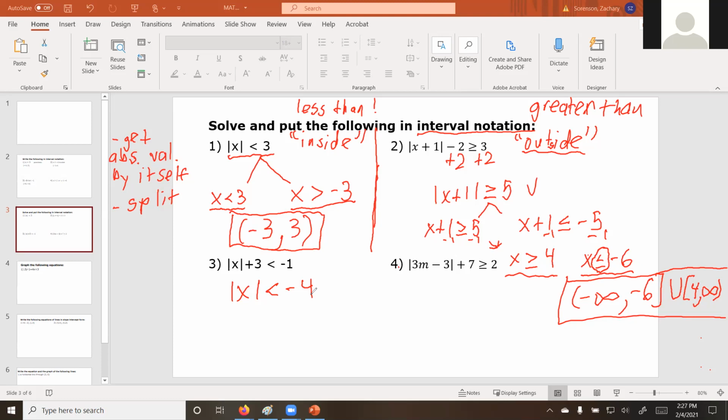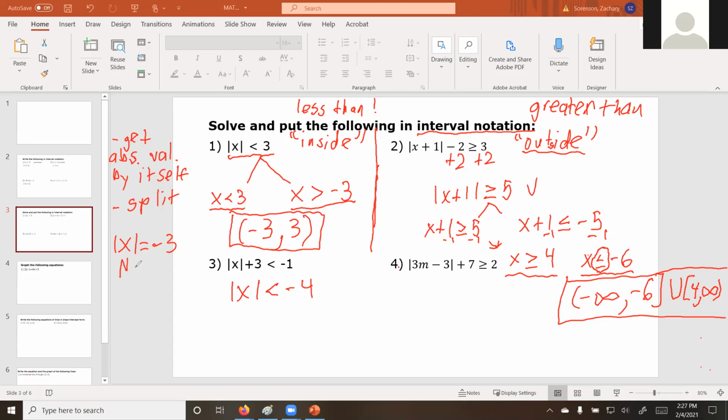Maybe think about how we did equations. If we take a step back and let's say I had something like this, absolute value of X is equal to -3. What did I say in that case when I was going through solving? No solution? No solution. Perfect.